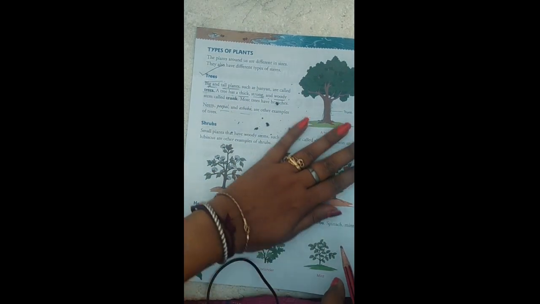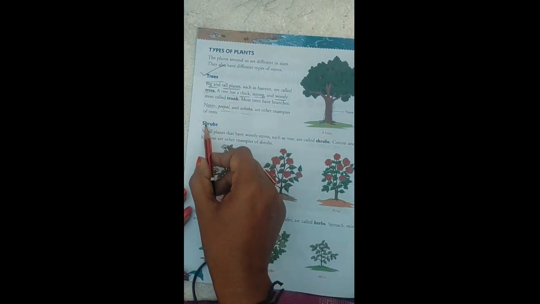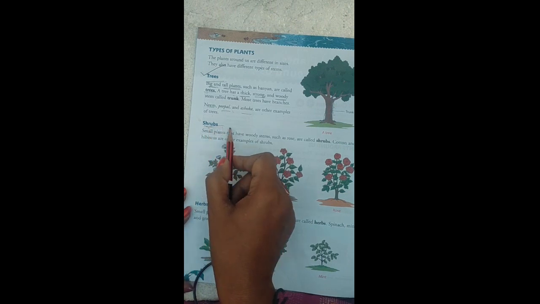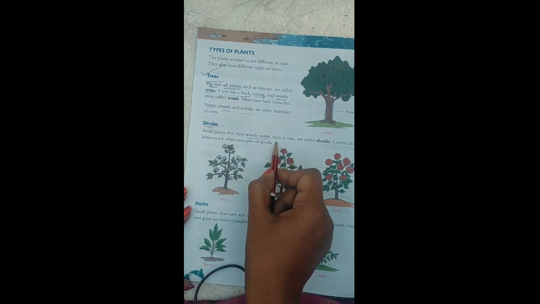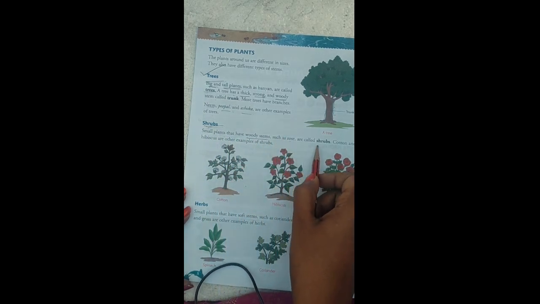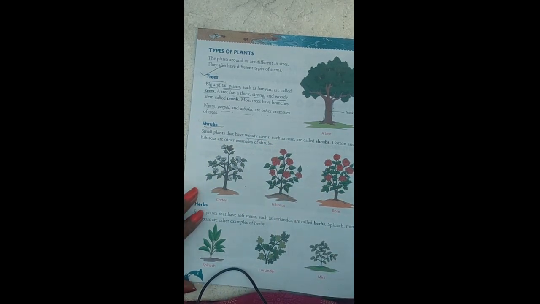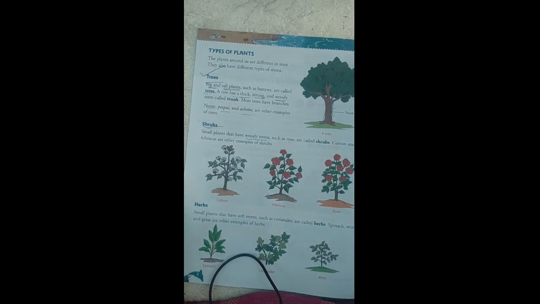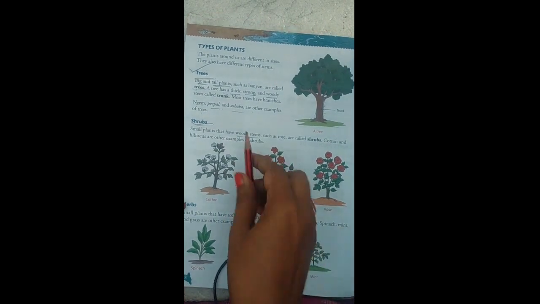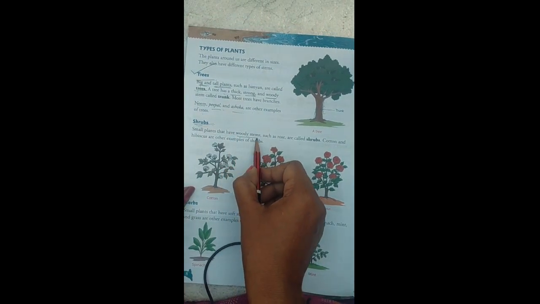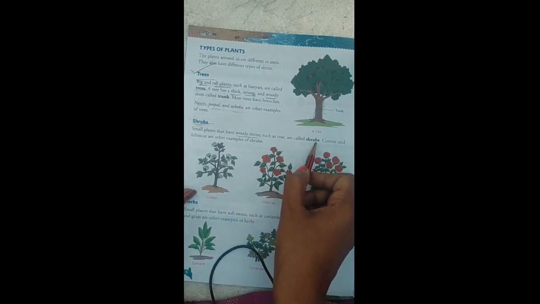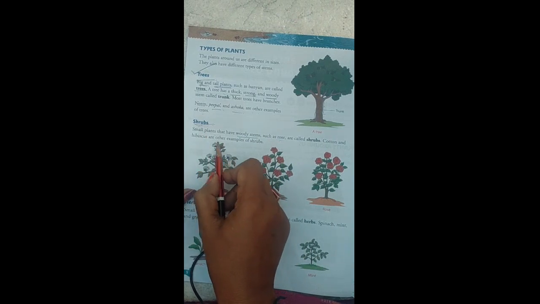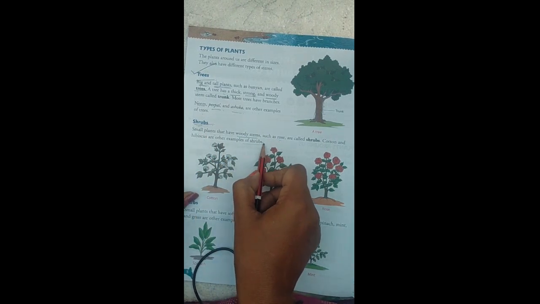Now comes the next, that is shrubs. Next type of plant is what? Shrubs. Small plants that have woody stem, such as rose, are called shrubs. Do you like rose? I like it very much. Cotton and hibiscus are also examples of shrubs.